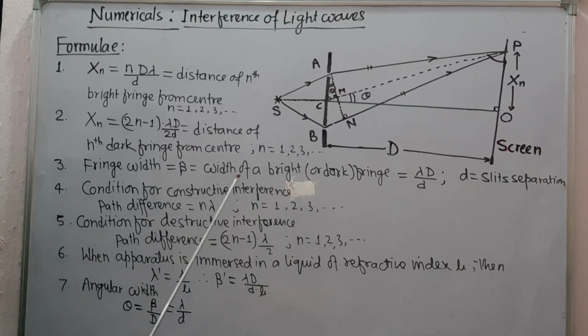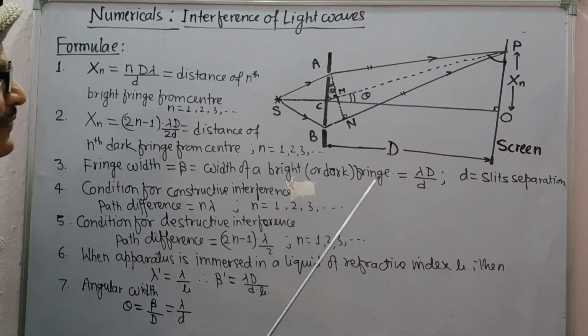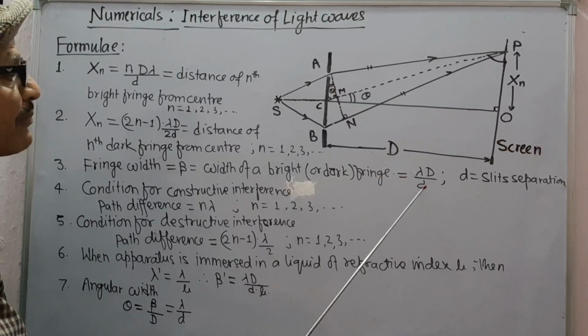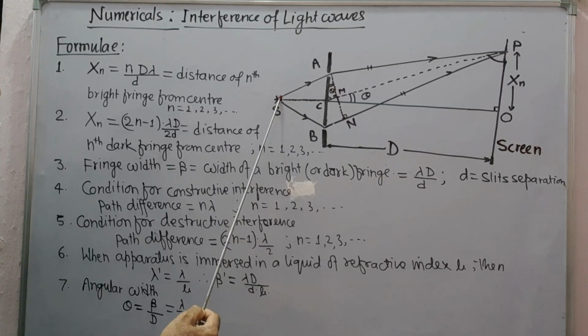Fringe width beta, the width of a bright or dark fringe, is equal to lambda D upon d, where lambda is the wavelength of light used and d is the slit separation.